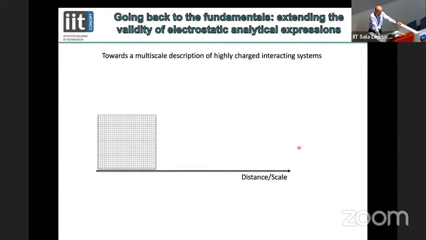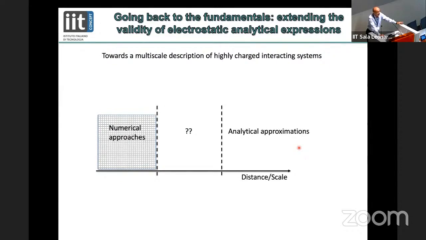my friend continuum electrostatics. So we actually at some point wanted to start from the beginning, considering the fact that when we do our work, especially now that structures of very large systems are coming, there is a range where you can apply numerical approaches, for example within the Poisson-Boltzmann framework, and there are other distance or scale ranges where you can apply analytical approximations, and there are some intermediate regions where the approximations are too rough, but the numerical approaches are unfeasible because of computational costs.